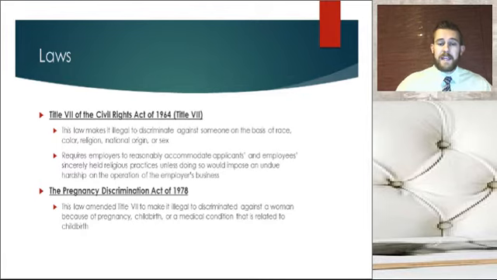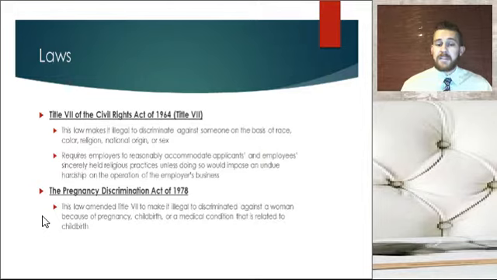When we take a look at the laws, the first is Title VII of the Civil Rights Act of 1964. This law makes it illegal to discriminate against someone on the basis of race, color, religion, national origin, or sex.